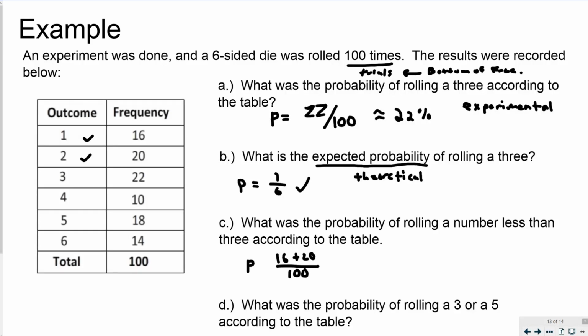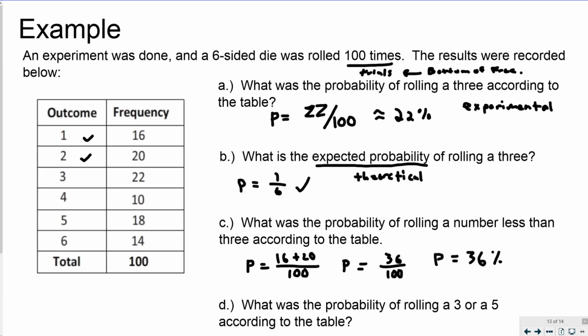So the probability is 36 over 100, about 36%. You could reduce your fraction from 36 over 100 to 18 over 50, and then again to 9 over 25.